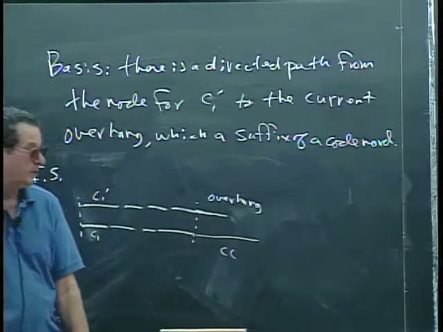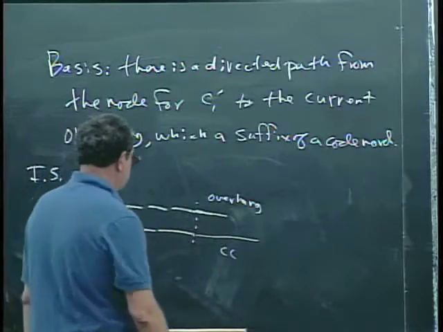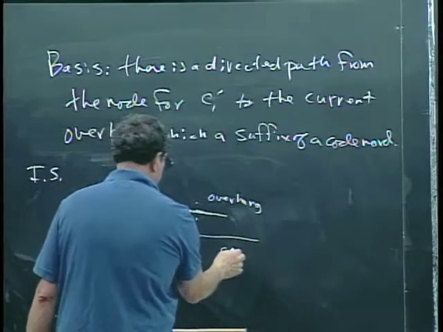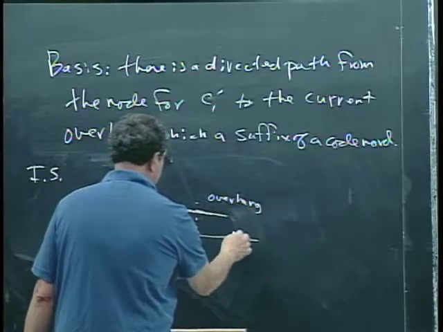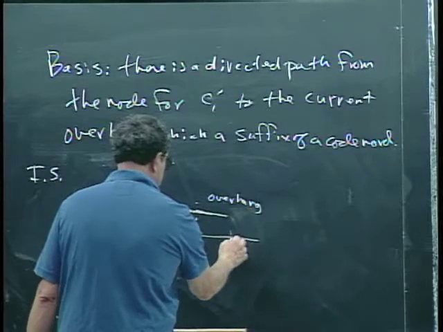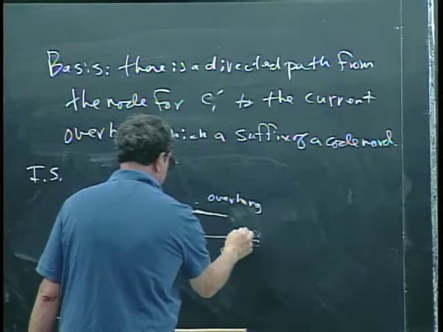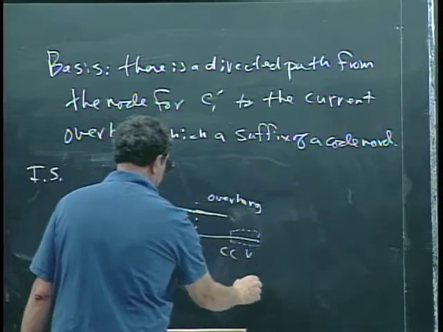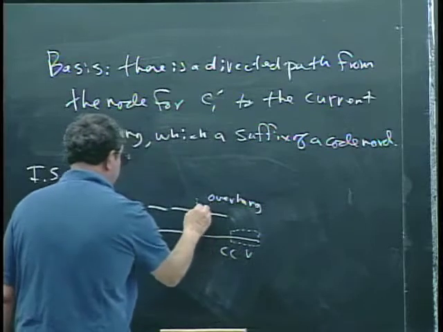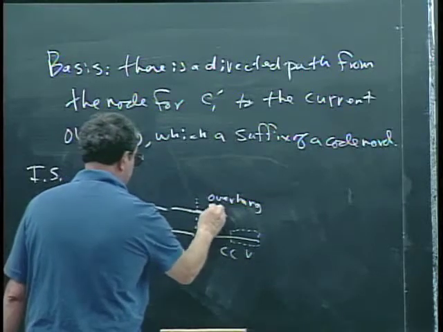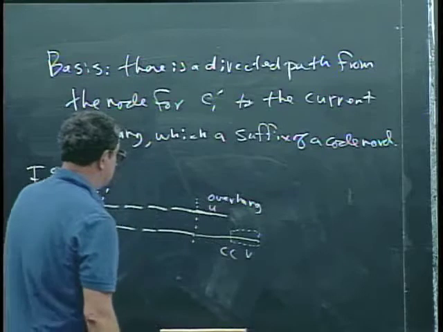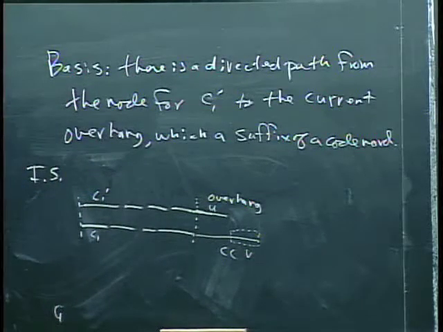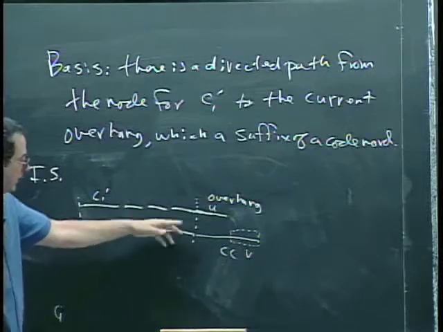So in that case, this new code word CC has a new overhang, let's label that as V. And let's label the current overhang as U. Now I know before I said that was V, but that was just at the very beginning.